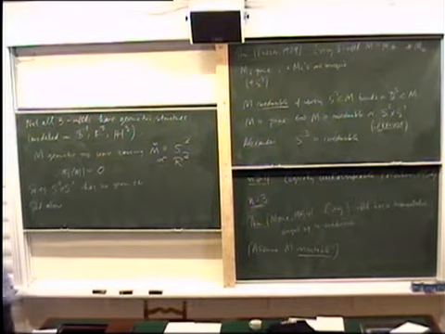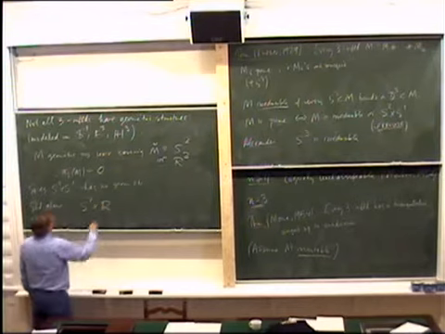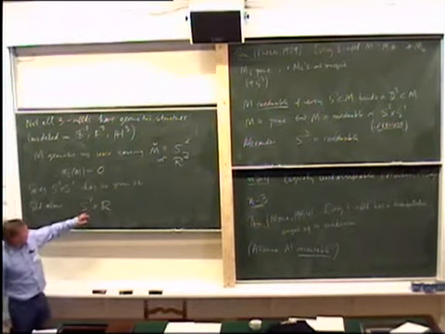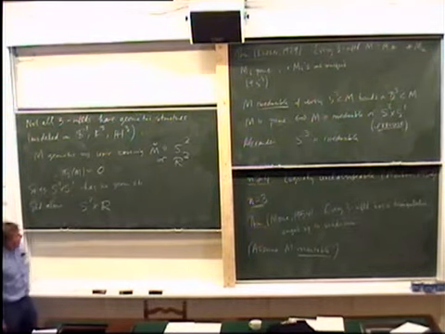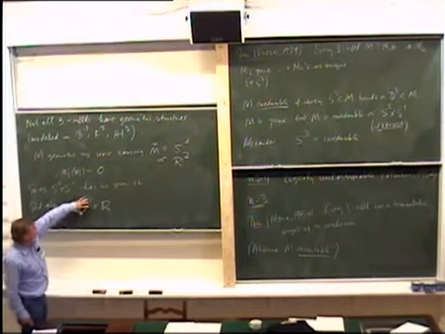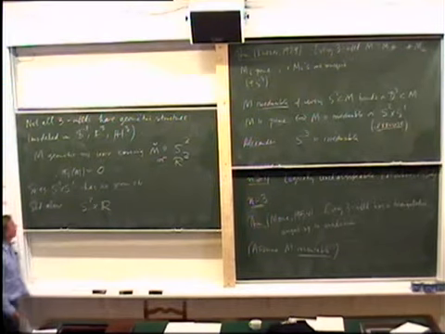And so maybe you should allow S2 cross R as a geometry. I mean, this is clearly the quotient of this by a group of isometries of the obvious geometry here, just the spherical geometry in this factor and the Euclidean geometry in this factor.